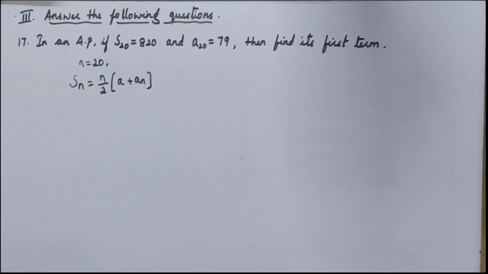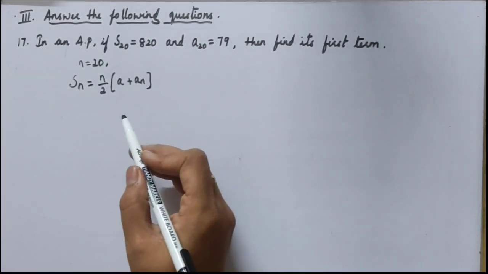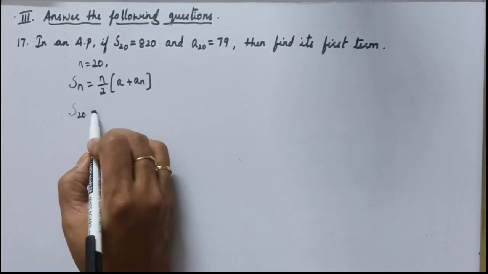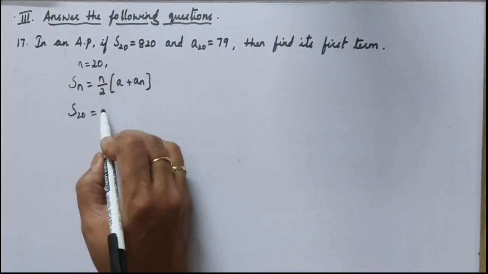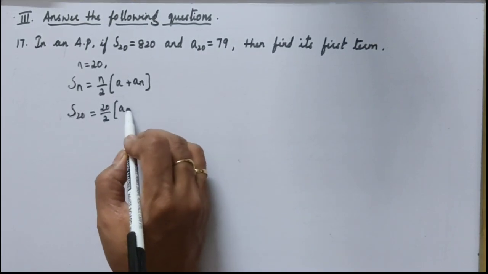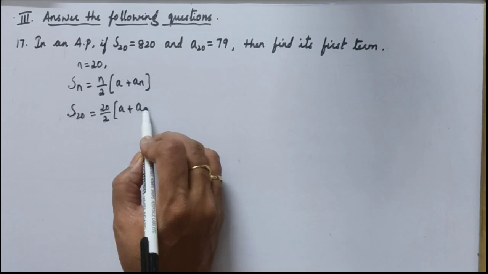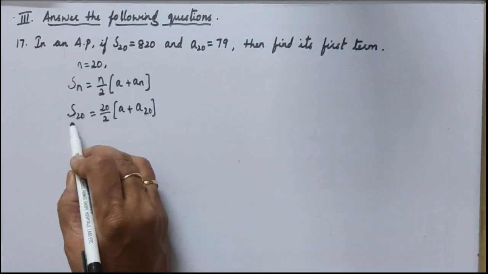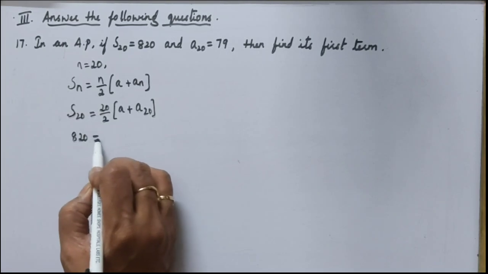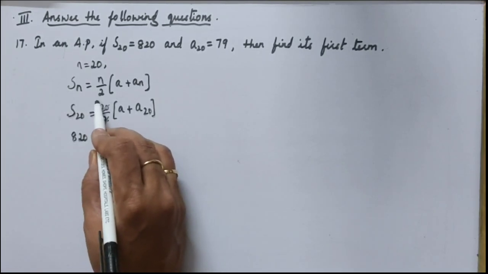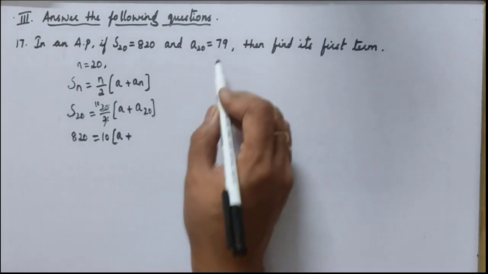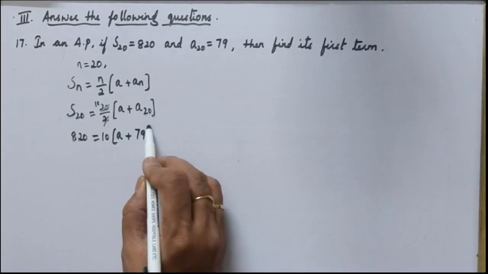Sn is also S20 and A20. You can see here S20 is equal to n value 20 upon 2 into a plus A20. S20 is A20, so I cancel this and get 10 into a plus A20 value, which is 79.